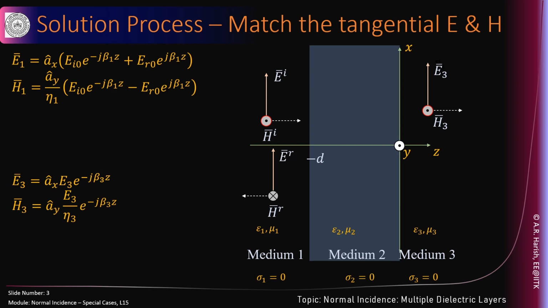Now, think about it. What do you think would happen in region 2? Yes, region 2 requires a forward wave as well as a reflected wave. So we don't call it reflected or incident, we call it by the terms E2 plus, H2 plus, representing the wave going in the positive z direction, and we give the symbol E2 minus, H2 minus for a wave going in the negative z direction.